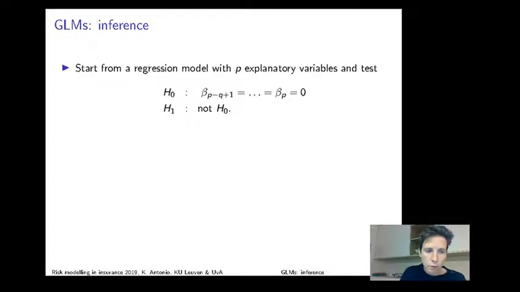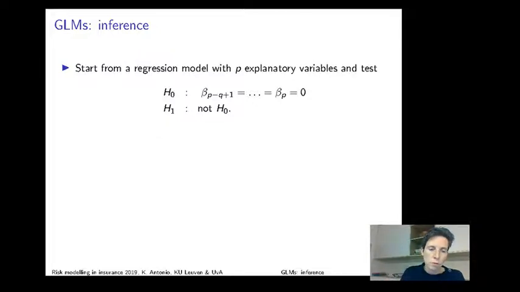Now you're ready to derive the so-called drop-in deviance test as a formal tool for inference with generalized linear models. And this test will compare nested models, where the model in the null hypothesis is a simplification of the model in the alternative hypothesis, which you obtain by putting q regression parameters equal to 0.